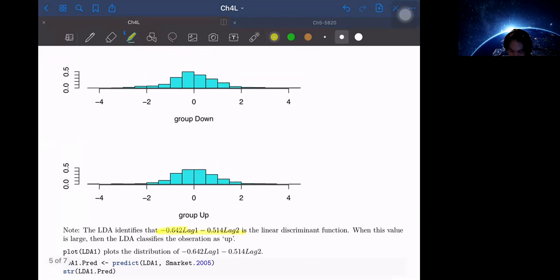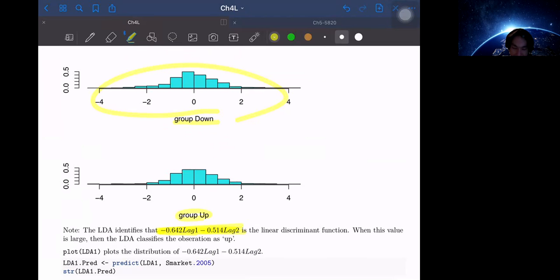If we use this function, the distribution of this statistic is this for the days the stock market is down, and this is the descriptive statistic of this variable for the days the stock market is up.